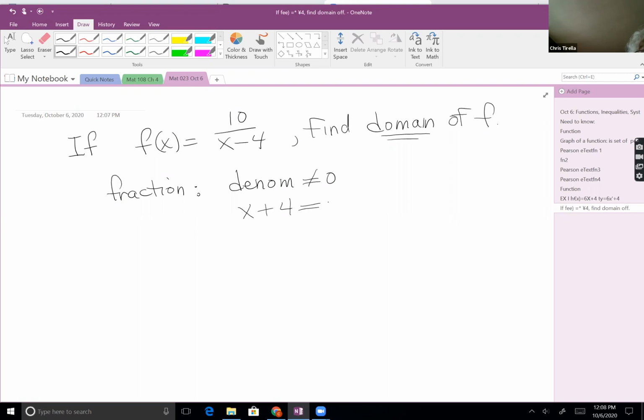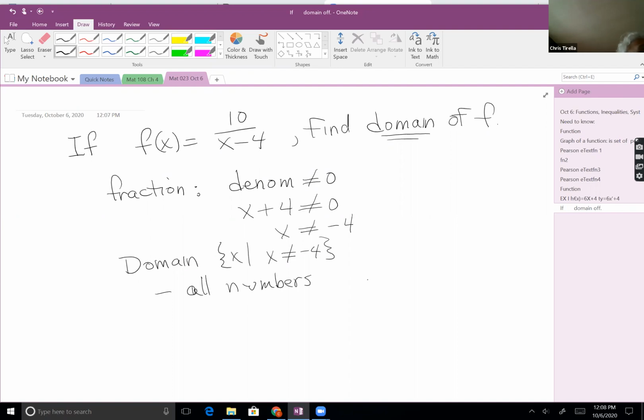If that cannot equal 0, does it make sense that we'd say that x cannot equal negative 4? And so my domain I can write as the set of all x such that x does not equal negative 4. Or I could write it in a sentence that it's all numbers except negative 4.